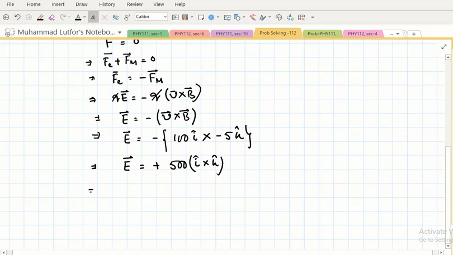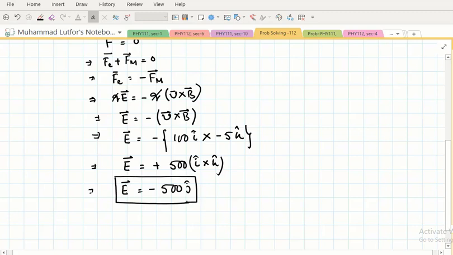This follows from the properties of unit vectors. Now i cross k is negative j, so it would be negative j. So this is the electric field at the location of the electron in unit vector notation. This is the answer to this question.